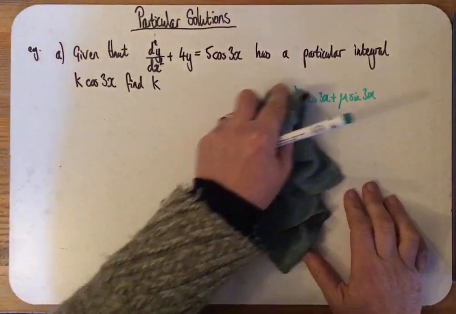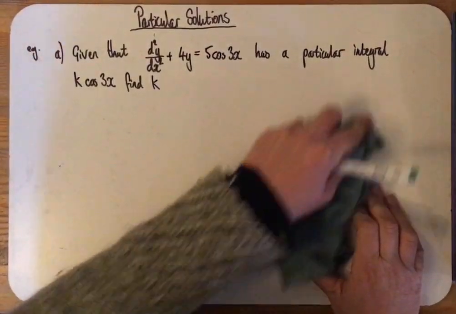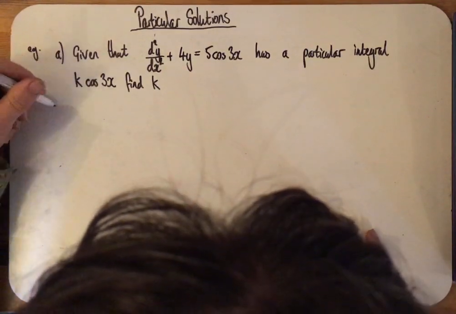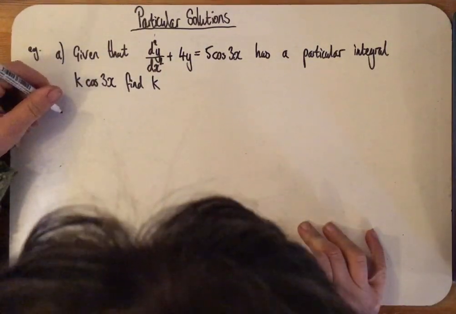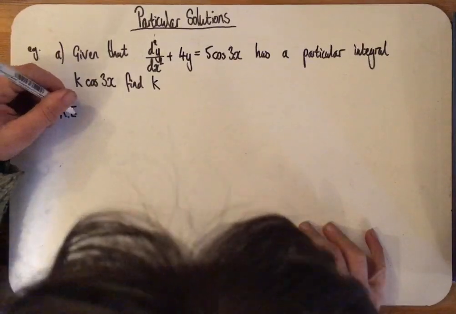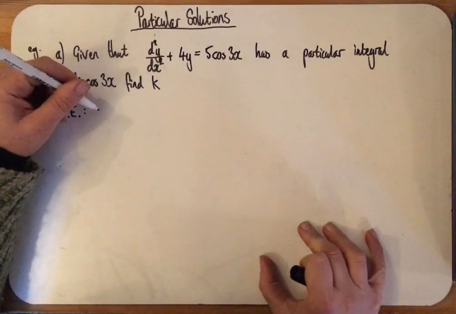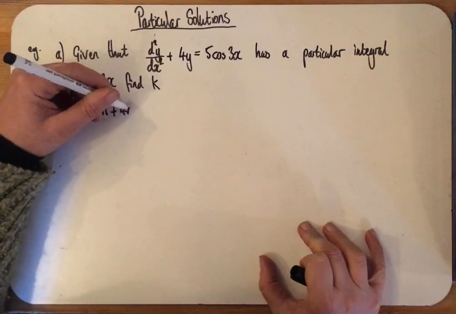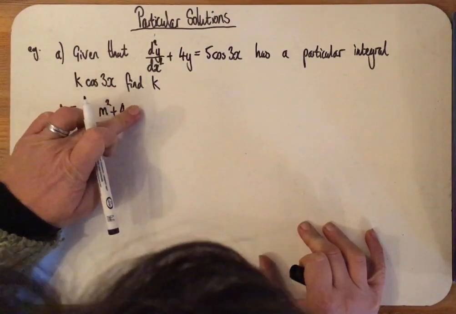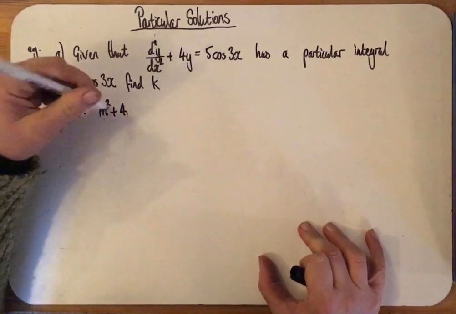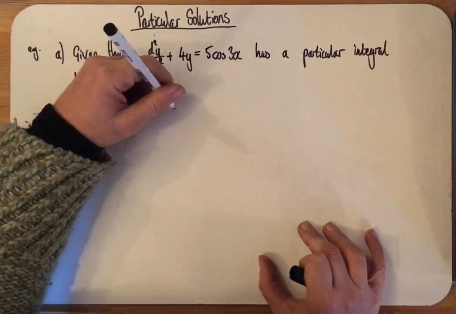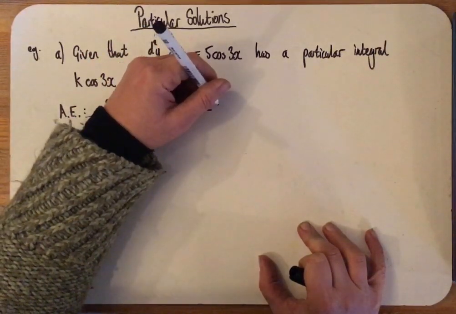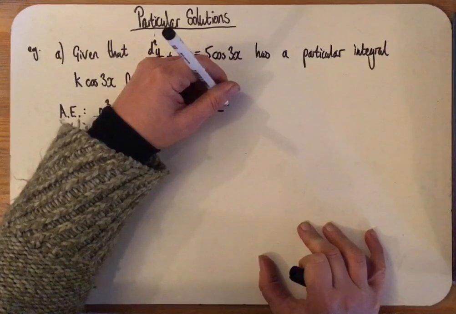So I'll just go with it. The first thing to do is find the auxiliary equation, which is m squared plus 4 equals 0. From there, m is equal to plus or minus 2i.